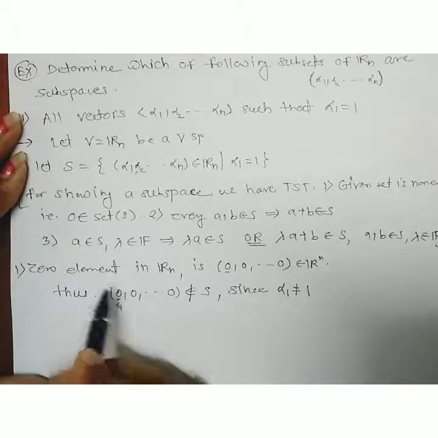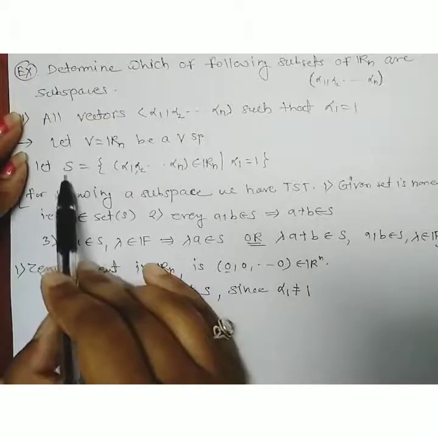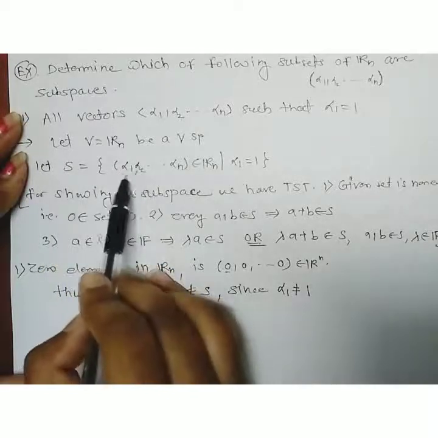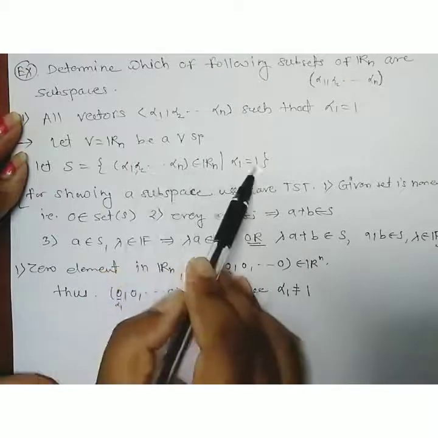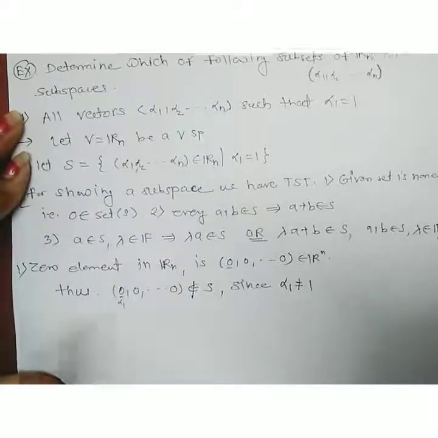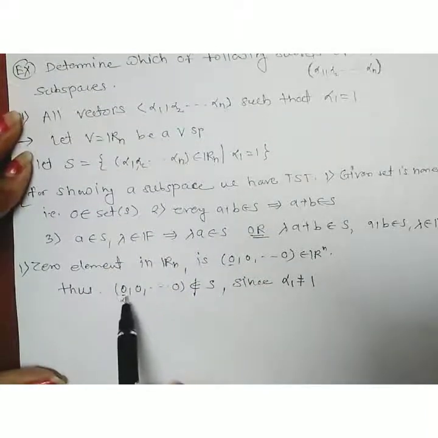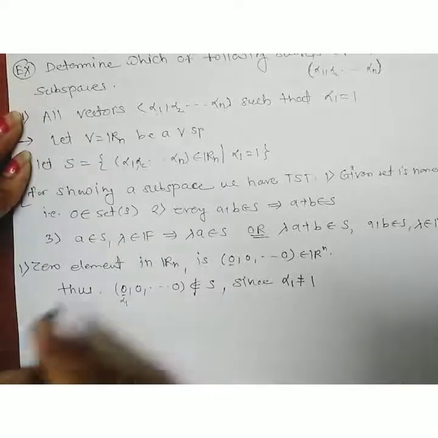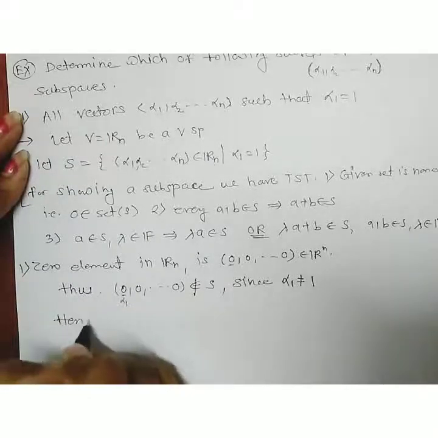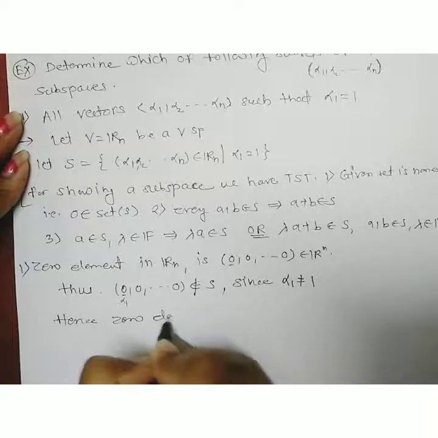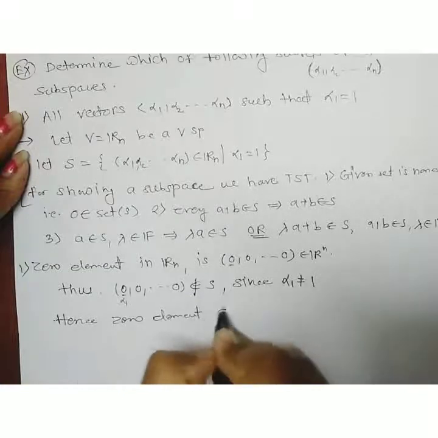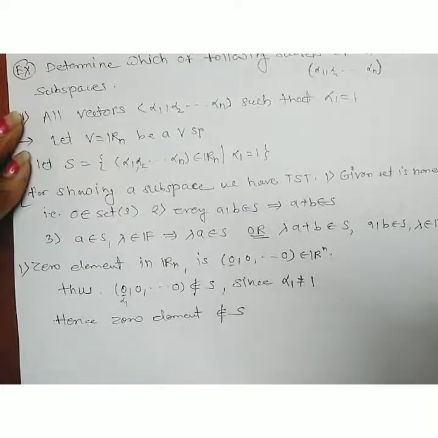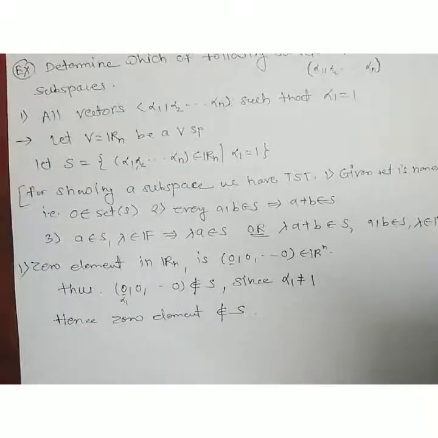The elements present in the set are of the form alpha 1, alpha 2, up to alpha n, such that the first element is 1, but here the first element is 0. Therefore, this element does not belong to the set S. Hence the zero element does not belong to the given set, and the first condition doesn't hold.